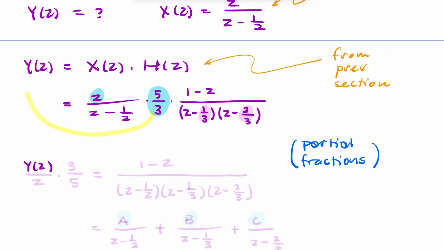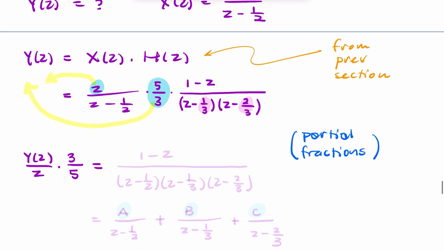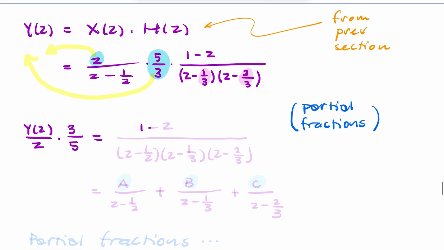So y of z over z times 3/5 equals 1 minus z divided by z minus a half, z minus a third, z minus 2/3. And what we want is that to look something like this.